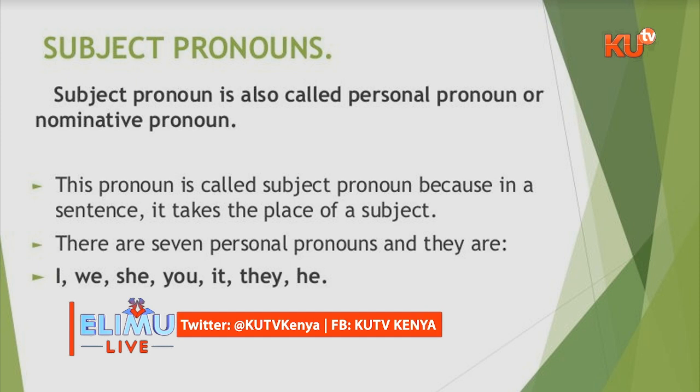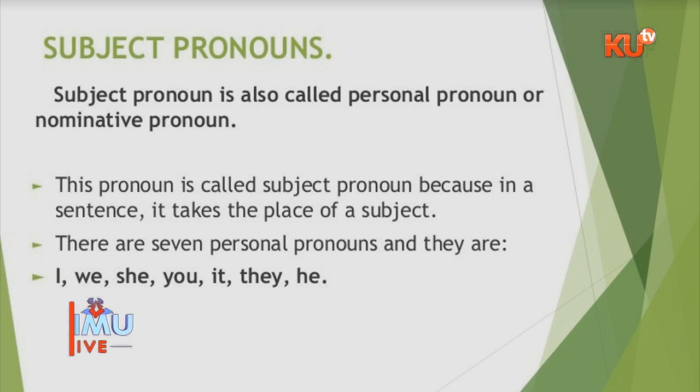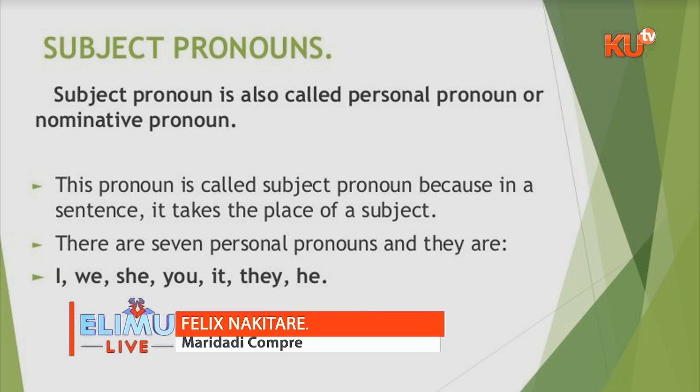It is called subject pronoun because when you use it to replace a noun, you only replace a noun which is in the place of a subject, meaning the doer of the action. Remember, the subject in a sentence is the doer of an action. It is a noun. And an object, which is a noun, is the receiver of the action.